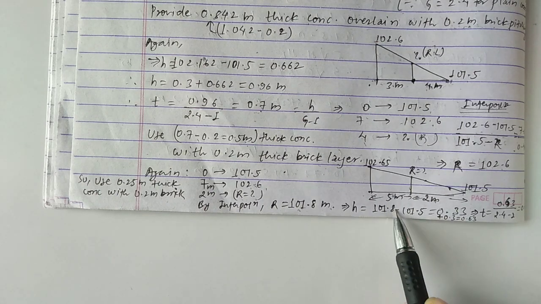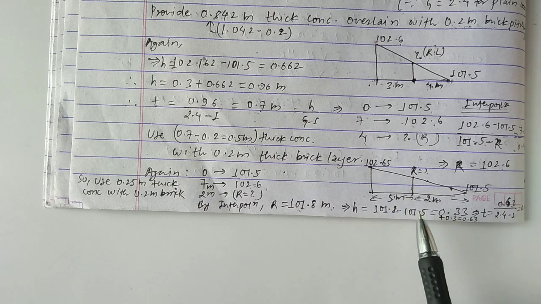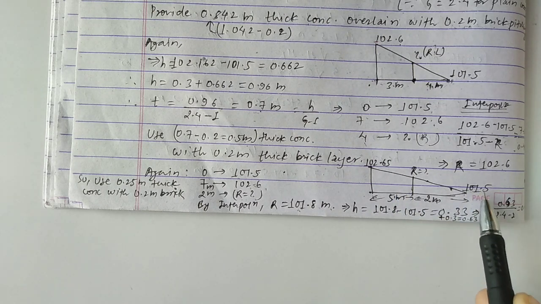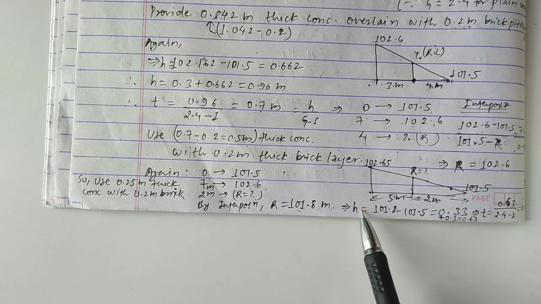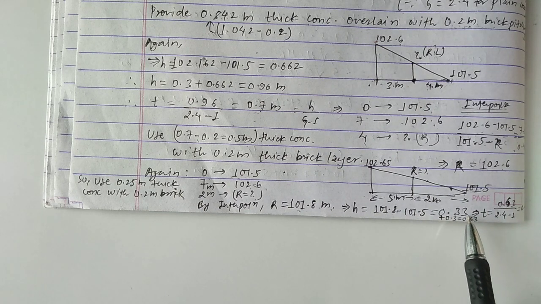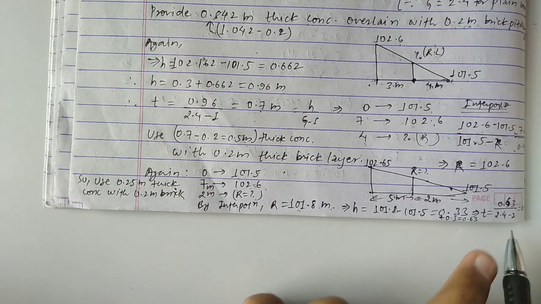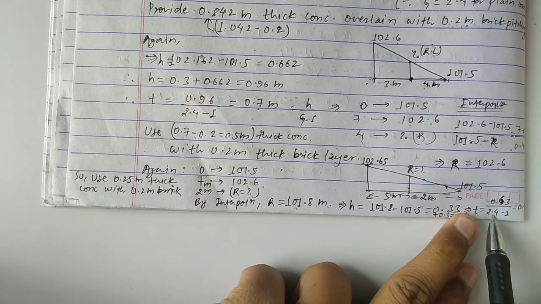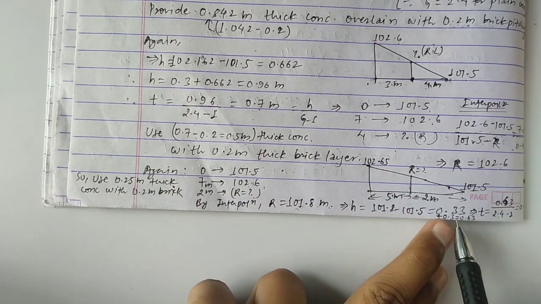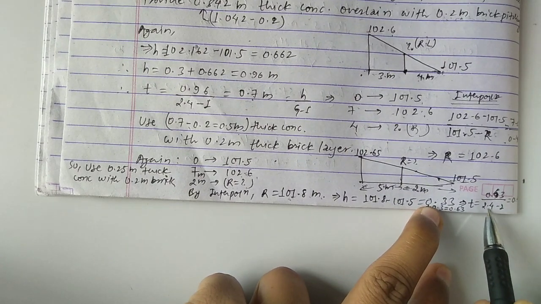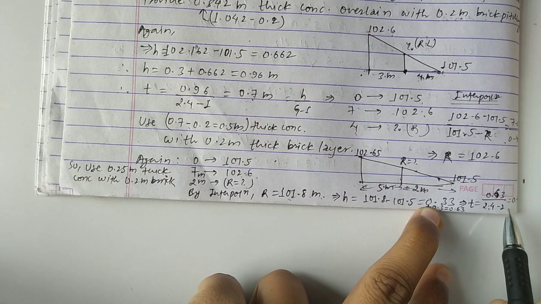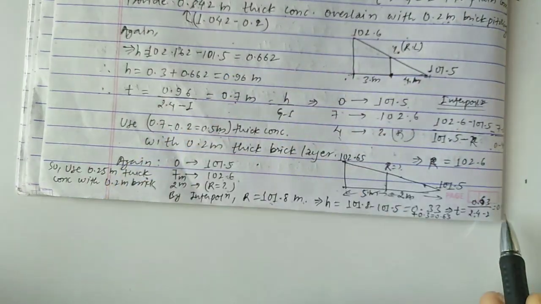The height can be calculated simply as 101.8 minus 101.5, then we get h equal to 0.33. We calculate thickness using h by G minus 1, 0.33 by G minus 1, G is taken 2.4 minus 1, then we get the value 0.45 meter.